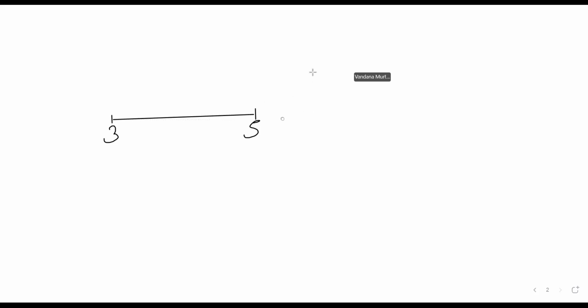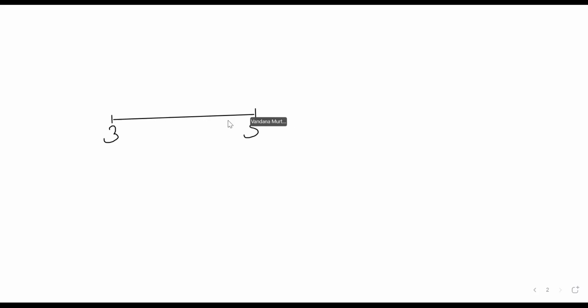Can you see there is a difference? This line is not touching your x and 3 and 5. Can you see this? It is not touching. Yes. This is open interval. Okay. It starts from 3.1.